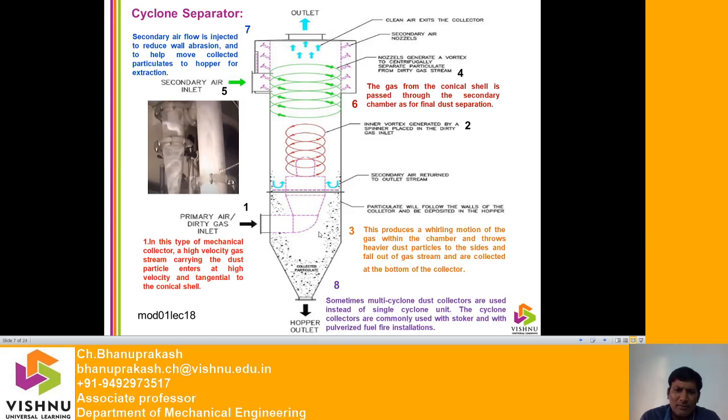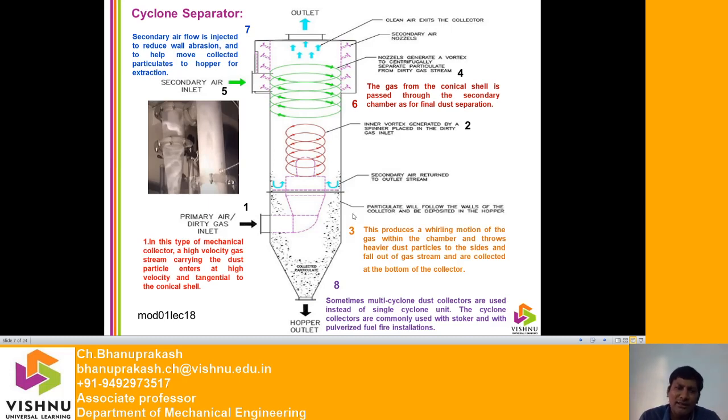Sometimes multi-cyclone dust collectors are used instead of a single cyclone unit. If you want to remove more dust, then we can go for multi-cyclone dust collectors. The cyclone dust collectors are commonly used with stoker and pulverized fuel firing stations, because pulverized fuel firing stations have heavy dust particles.